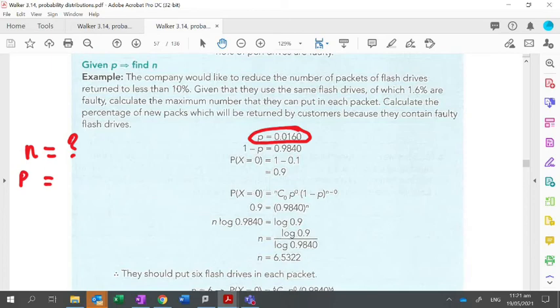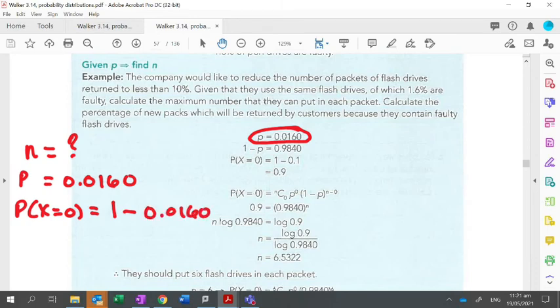So to find the probability for x equals 0, remember that's always the same. So if the probability we have, our p, is this, then to find our p of x equals 0, we just need to subtract that from what number always never changes? 1. Okay? So when we do that, we get this value. Okay.